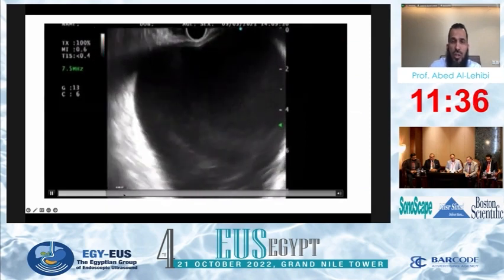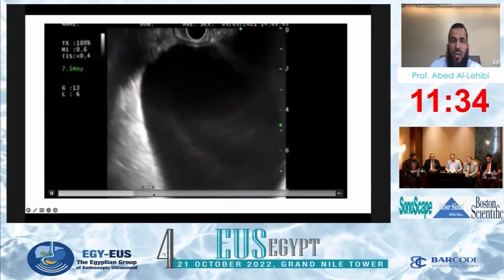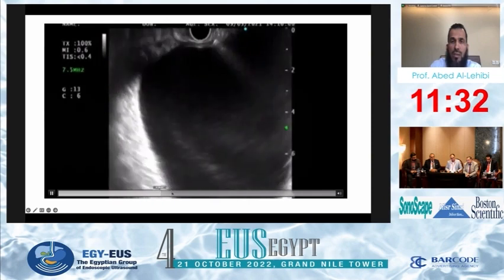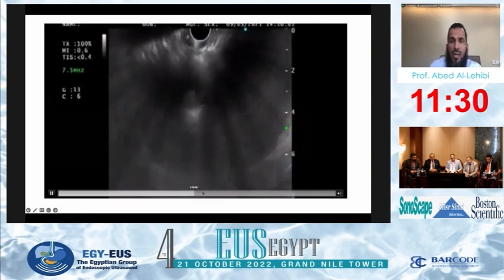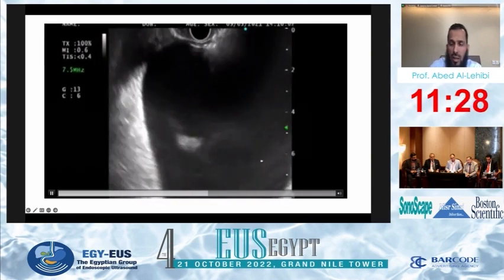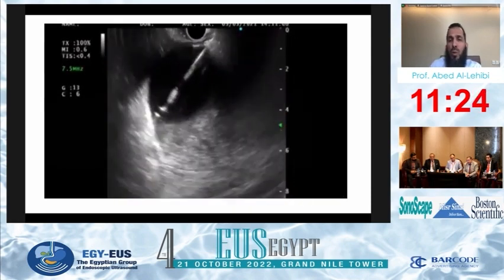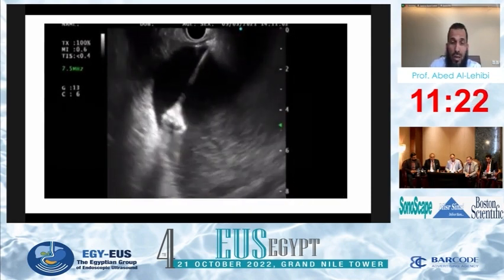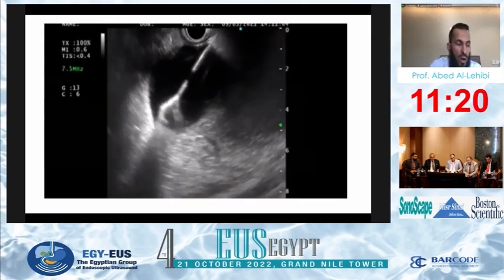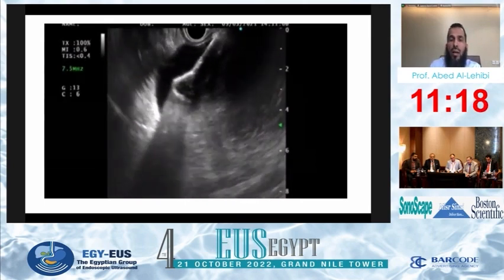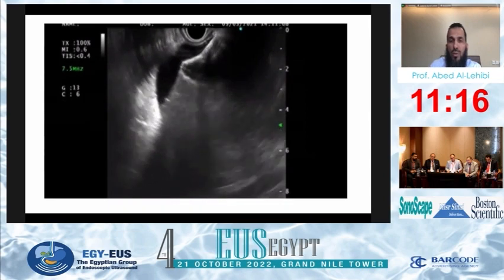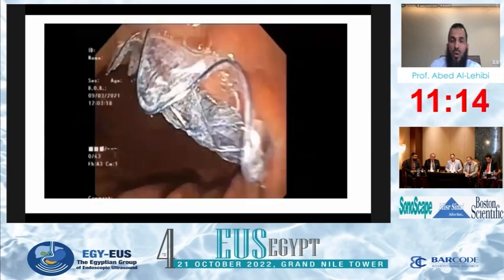You can puncture, and once you puncture the cyst, it is easy to have the stent inside the cyst. Then once you have a clear advancement of the stent, you can deploy it under US guidance, as you see, longer, and then you pull back and snag the end against the wall.